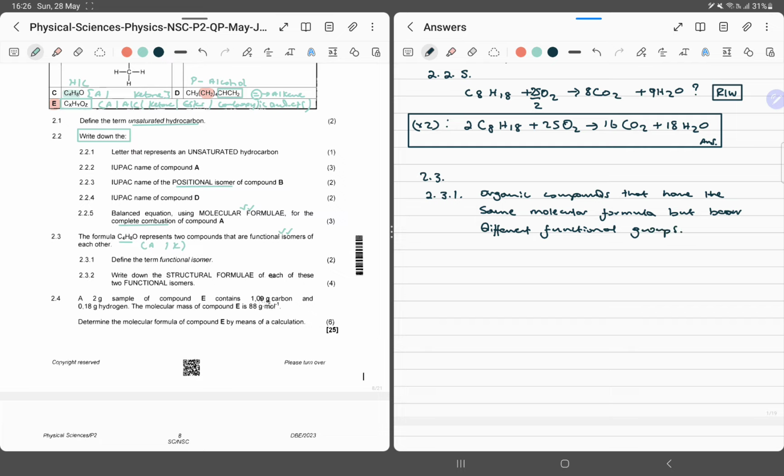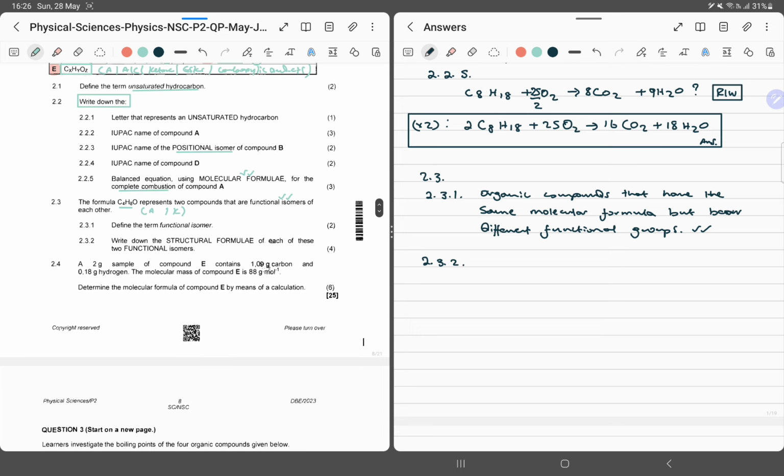Okay, so they have the same molecular formula but they actually bear different functional groups. Or you can say they belong to different homologous series. So easy 2 marks there. We move on.